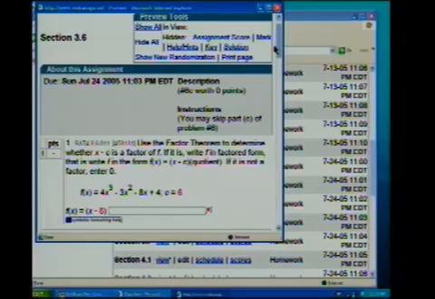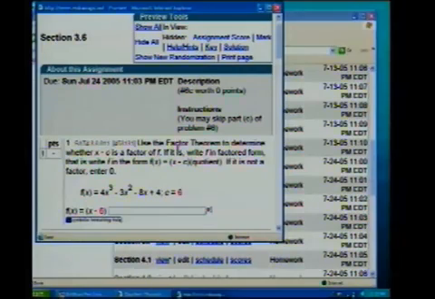Number 1. Okay. All right, so basically you're using the factor theorem to determine whether x minus c is a factor. What does the factor theorem say? When the remainder is 0, then there's a factor. Yeah.